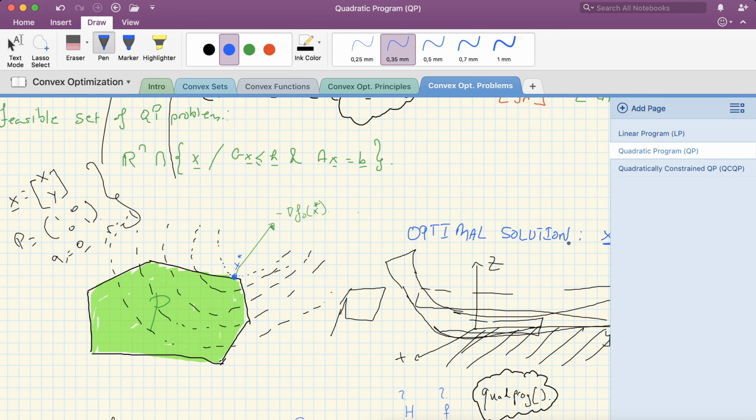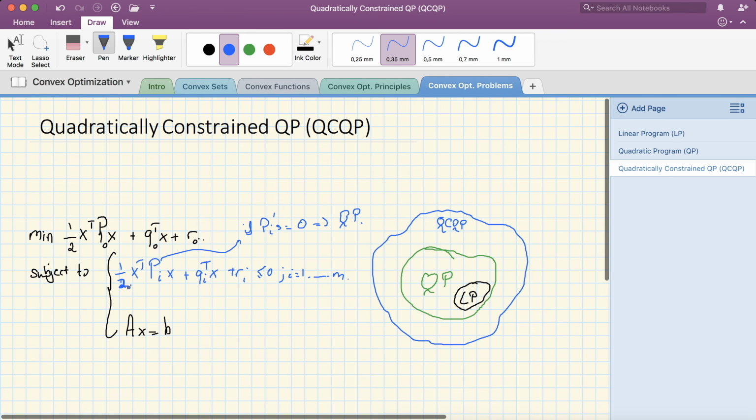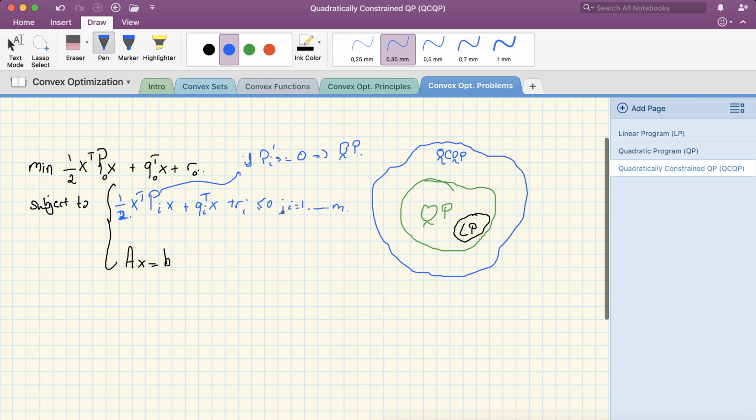Well, a QCQP is going to generalize that. It's going to say that now I have quadratic inequalities. And what do quadratic inequalities form? They form ellipsoids. So each quadratic inequality, each one of those, is an ellipsoid. Okay?